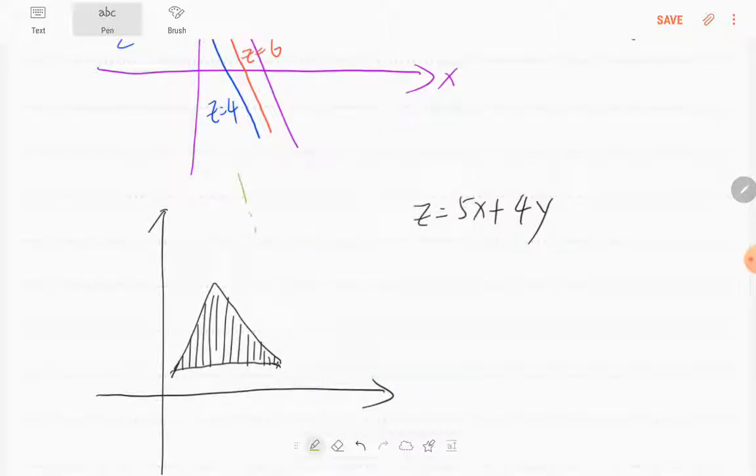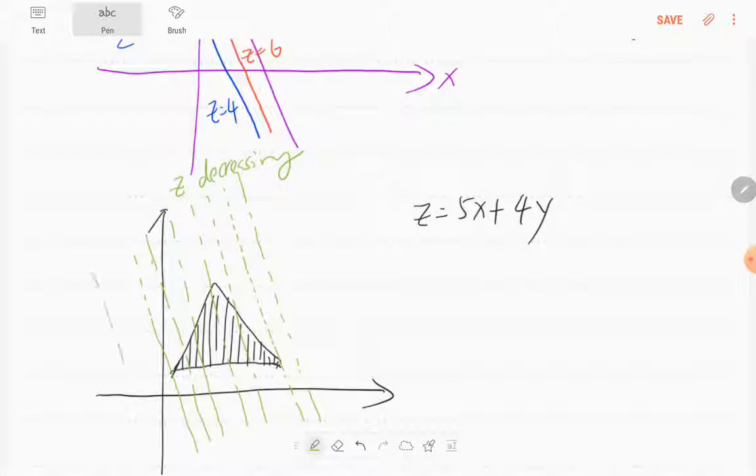And as z is decreasing, it goes this way. These dashed lines are parallel to each other.